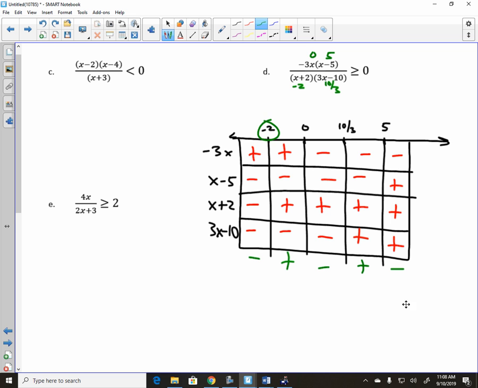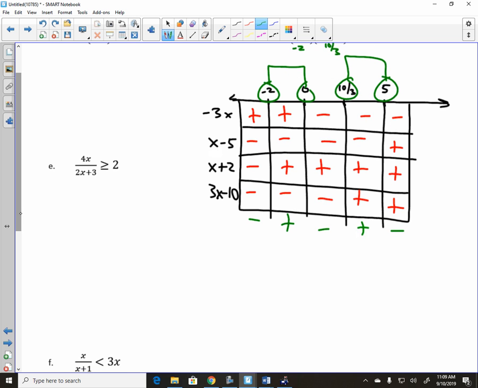So we're looking from here to here, and then from here to here. So I list negative 2 to 0, and then 10/3 to 5.